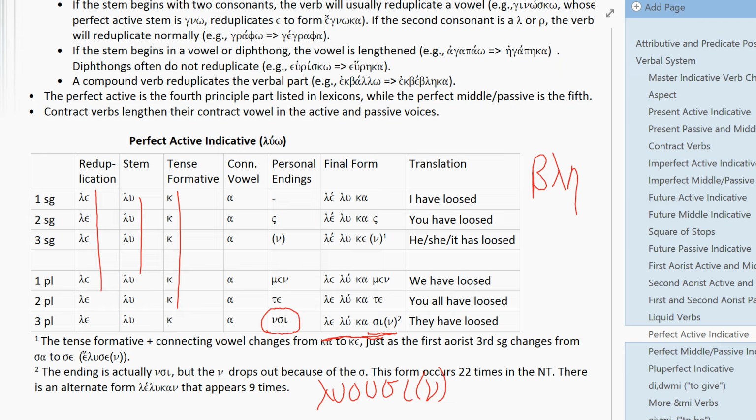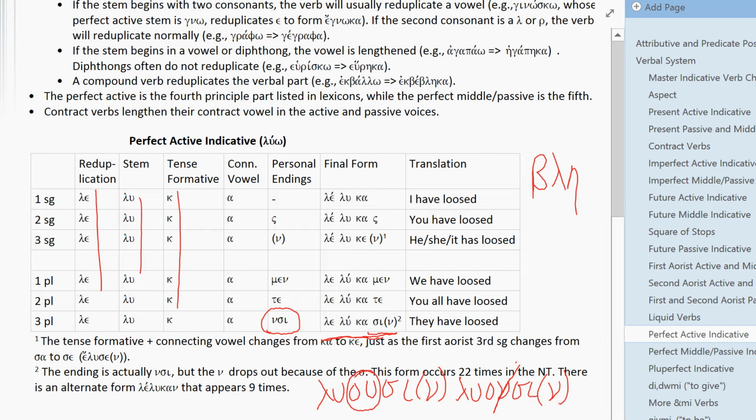Where that comes from, there's a bunch of changes that occur, but remember it's initially luonsi, and then that nu does not like to sit in between the connecting vowel and a sigma, and so it drops out and you're left with luosi, and then to compensate for the loss of that nu, the omicron lengthens and you get luousi, and then you add the movable nu.